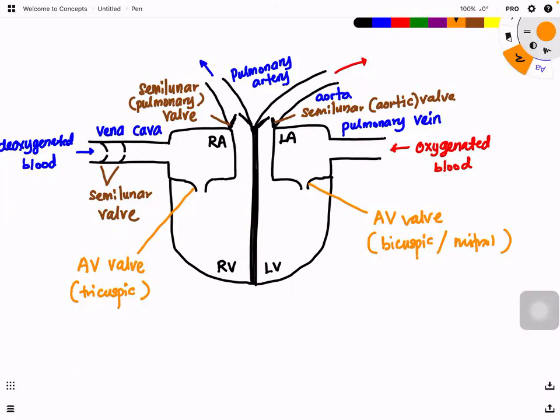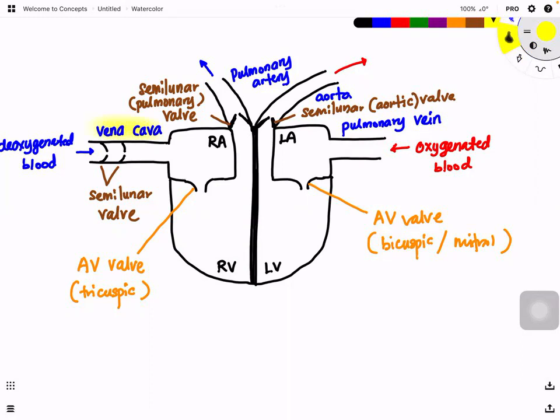So this is how blood circulation takes place through the 4 major veins and arteries, or blood vessels, associated with our heart. Who are they? First we have the vena cava.